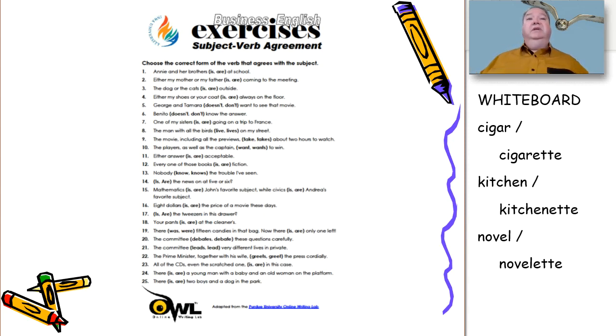And so it's really important when you are speaking or writing to try to use the correct verb to go with the subject of your sentence. It's a pretty basic thing, but it's also really, really important to get right.